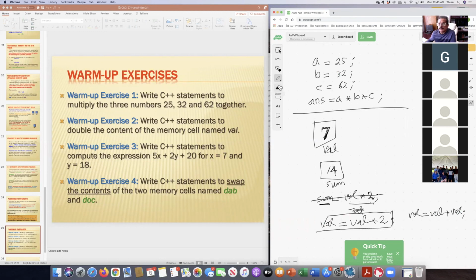Okay, so we'll stop here. We're out of time. I strongly advise you to try these warm-up exercises 3 and 4 at home before the next class. The number 4 is challenging. Then you will be learning better in the next class.